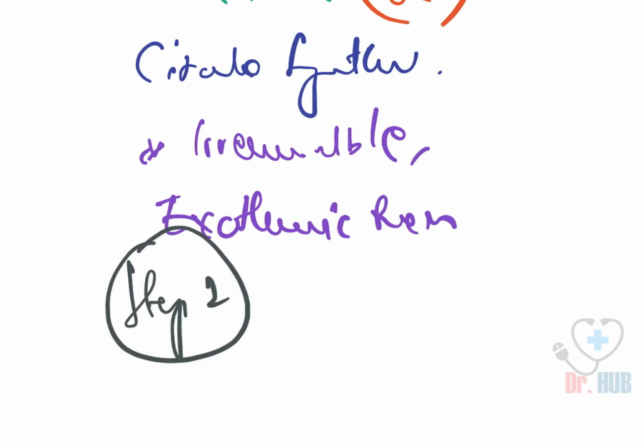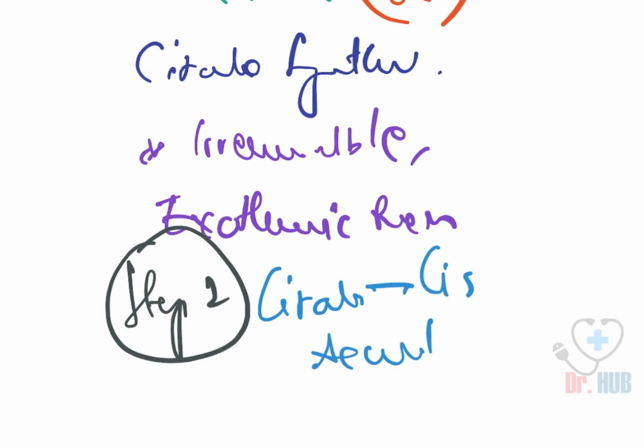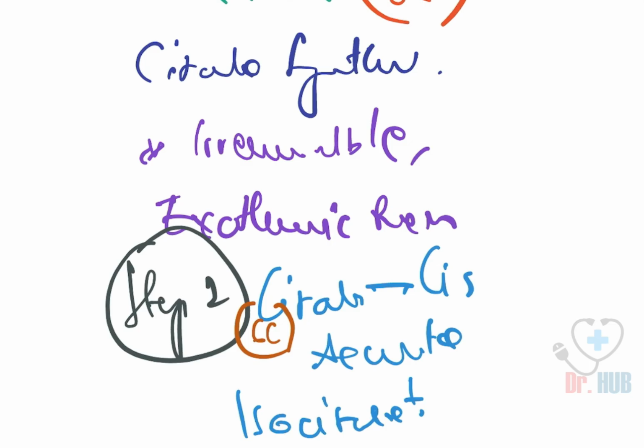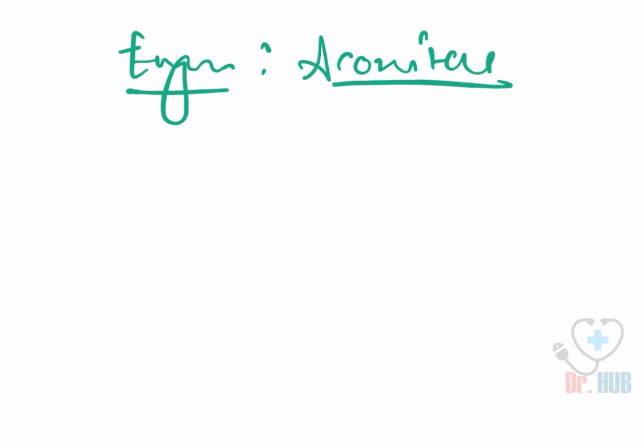Next we look at step 2. The citrate is converted to the cis-aconitate and then to the isocitrate. What about the carbon? Citrate is 6C, aconitate is also 6C, and isocitrate is also 6C. The enzyme involved here is the aconitase.